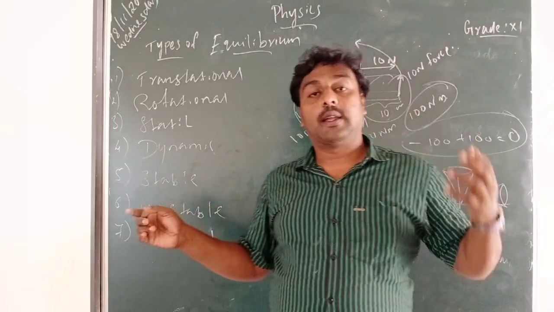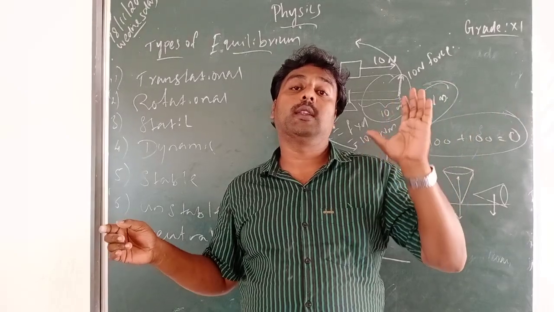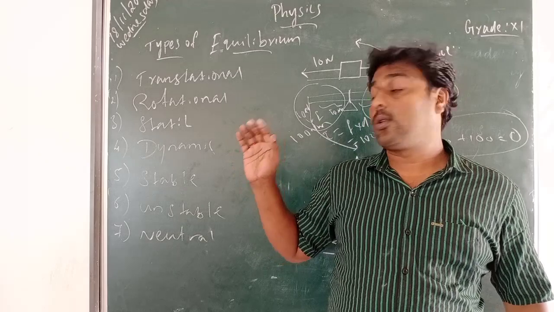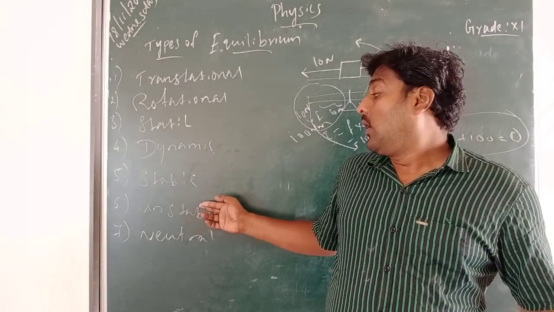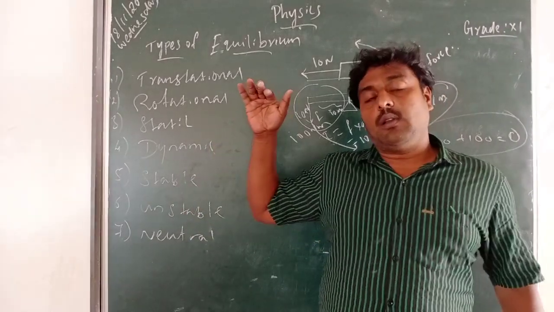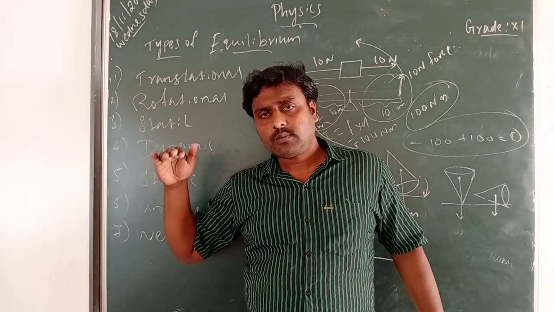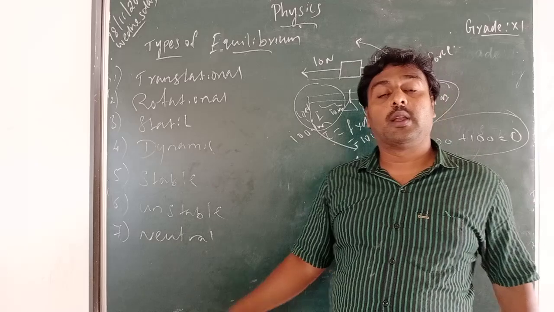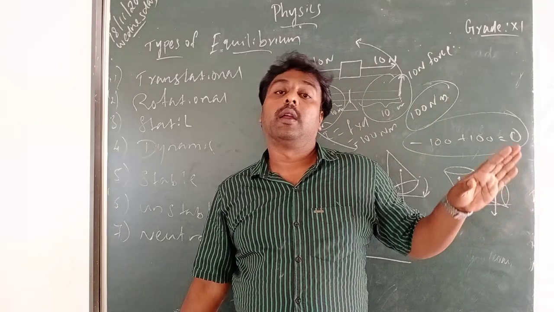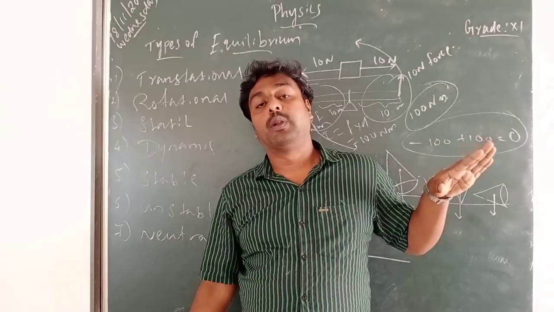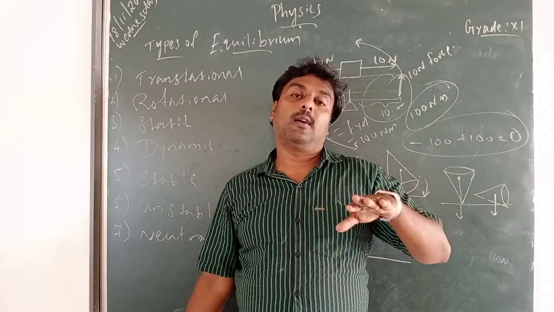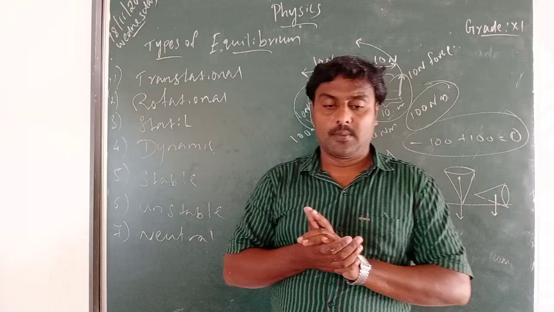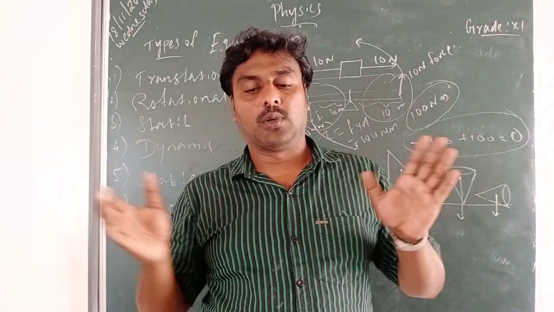Unstable equilibrium: slightly disturbed, it will not come back to its original position, center of mass is lowering down, so its potential energy decreases. Neutral equilibrium: it remains in the same equilibrium state, center of mass stays the same, potential energy same. So this is about the types.